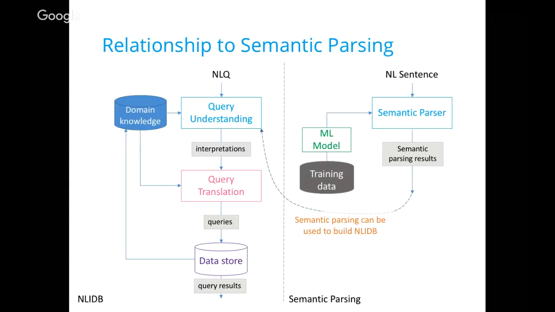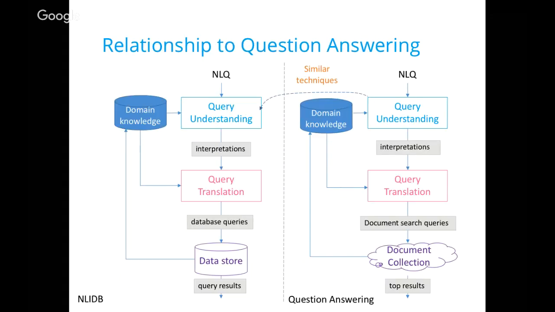Another related area is question answering. If we just look at the system diagram, modulo some small details, you can see they're pretty much almost identical. The main difference is in the query translation: for NLQ, it's translating into a database query, while for question answering, it's translating into a document search query, and the results returned are actual database records that can answer user questions.